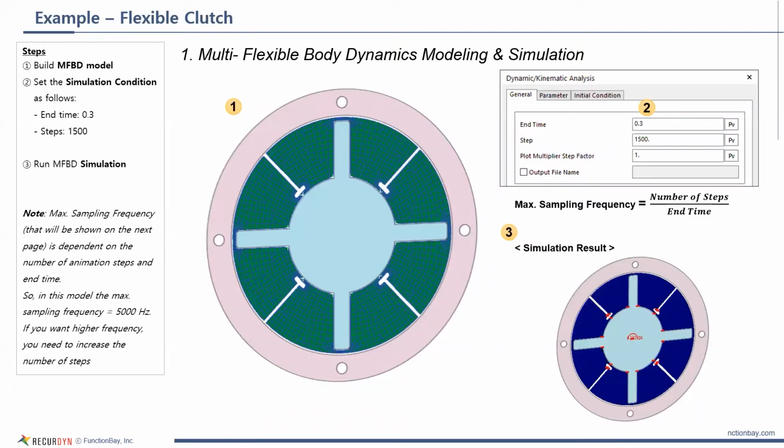That gives us a sampling rate of 5,000 hertz. Then you can run the simulation in RecurDyn, and the simulation results will be produced. That's all part of the first step. And we can see here the results in the time domain in the lower right.